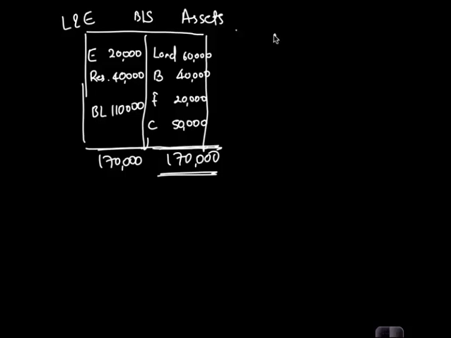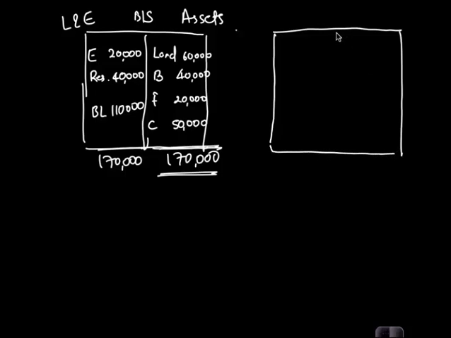We also have an income statement. So let me just make it vertical. This year's sales was 40,000, less the COGS plus SGA plus depreciation.